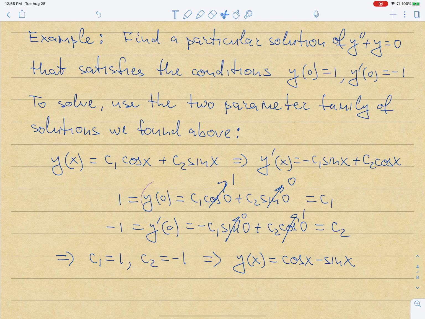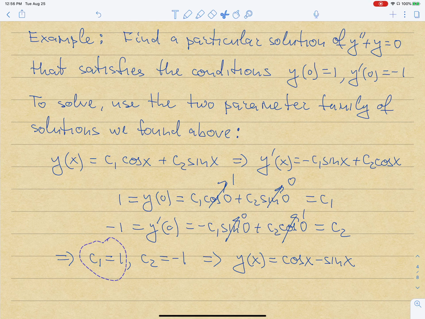So then what is y of 0? y of 0 on one hand is what I want it to be. But on the other hand, it is this expression here with x replaced by 0. So you get c1 cosine 0 plus c2 sine 0. Sine 0 is 0, cosine 0 is 1, so this is c1, and therefore c1 must be the prescribed value.